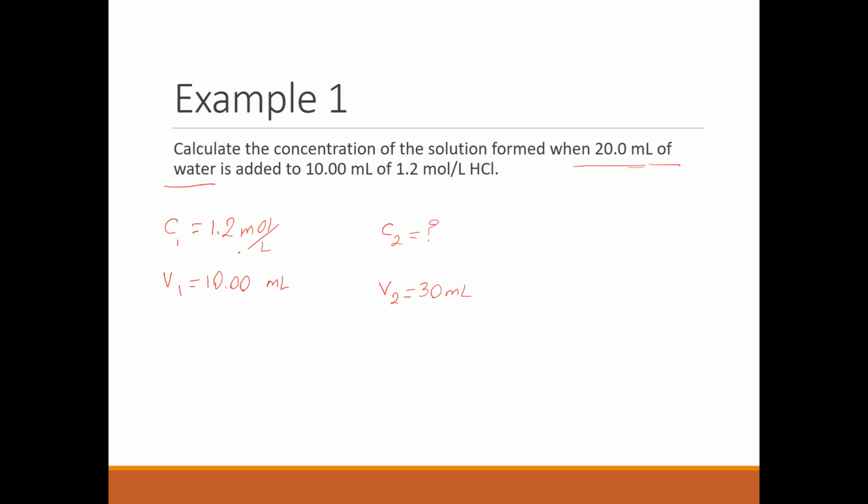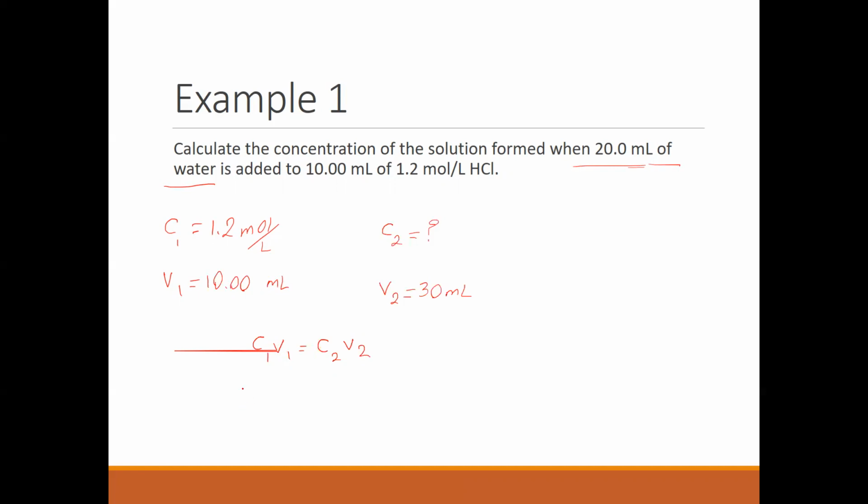The number of moles here is equal to the number here because we haven't added any acid. The only thing that we added is water. So I can use the formula C1V1 equals C2V2. You can convert milliliters to liters if you wish, but you don't have to, because if you put milliliters on both sides, they cancel each other out. The unit is not important as long as you use the same unit.